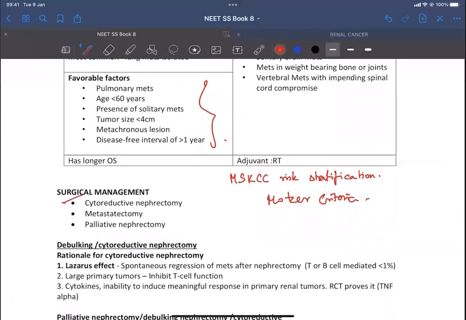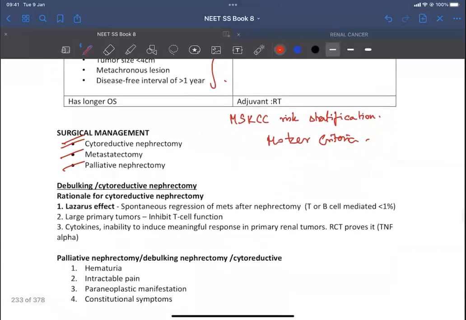So yes, the treatment options are cytoreductive nephrectomy, metastectomy if they have a very limited metastatic burden, and palliative nephrectomy if they have horrible symptoms, in which case the performance status does not matter.